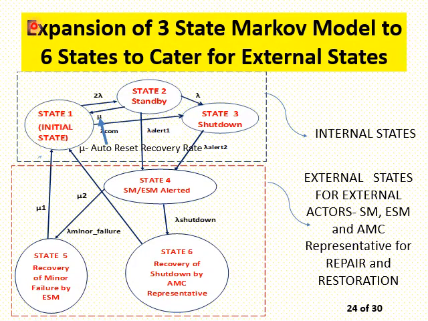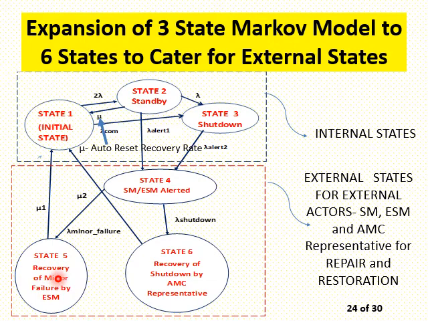This is another example of expansion of the three-state Markov model to six states. Now, we are partitioning the six states into internal states, which are inside the system, and external states, which are for external actors, that is for SM, ESM, AMC representative, and also for ES.